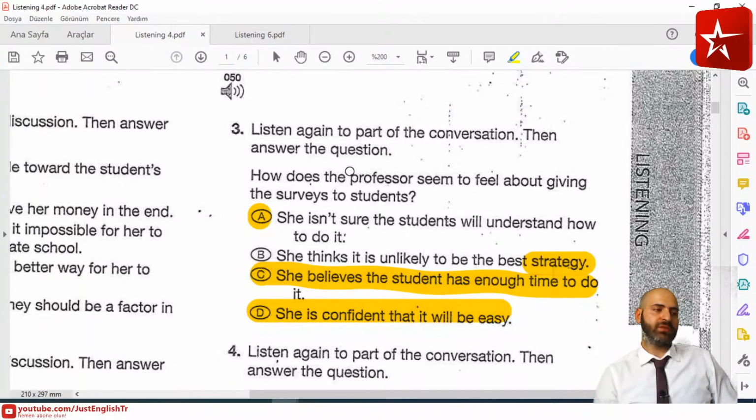One more time also, she said a sentence something like this: it's not a breeze, coming from my old experience. And also she said it will be difficult for you to recruit 50 students who agree on this. So it will be difficult to recruit students was one hint. Another hint, it's not such a breeze.